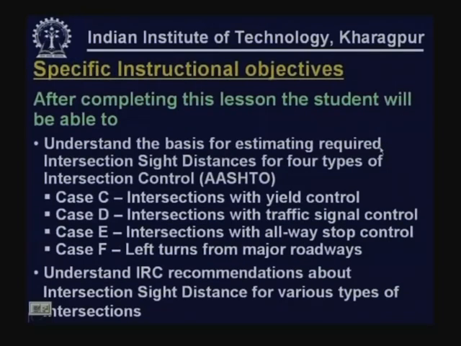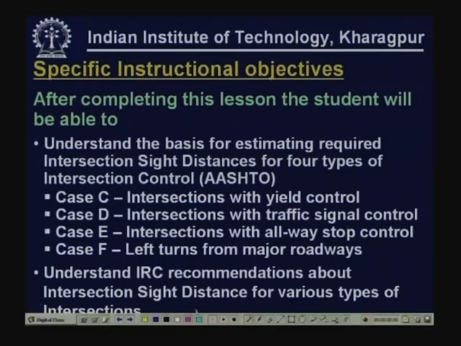In today's lecture, after completing this lesson, the student will be able to understand the basis for estimating required intersection side distance for four types of intersection control considered by AASHTO: case C, case D, case E and case F. We have already discussed case A and case B. So, today we shall take up case C, intersections with yield control, case D, intersections with traffic signal control, case E, intersections with all way stop control, and case F, left turns from minor roadways.